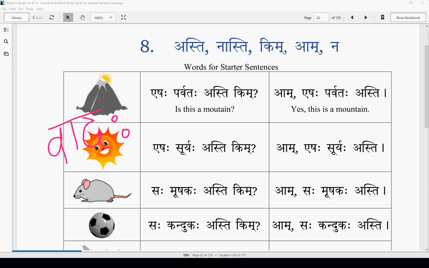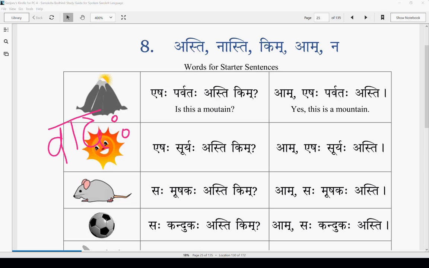At least right now we are using only such words which follow these patterns. So we should be fairly comfortable in guessing the lingam of these words.